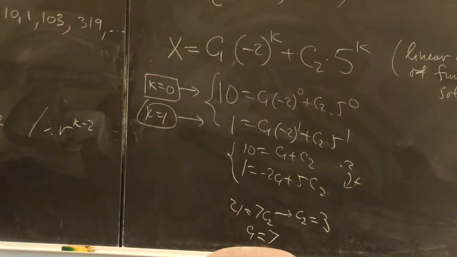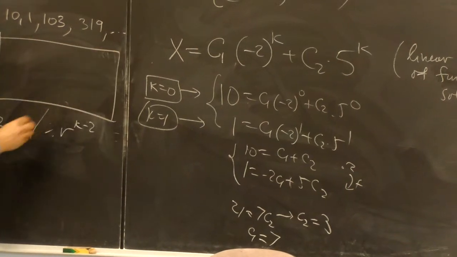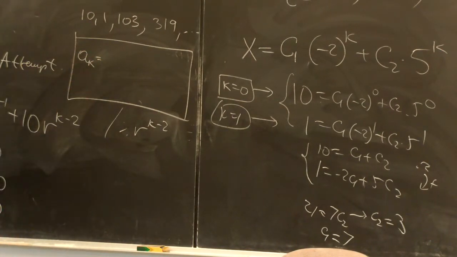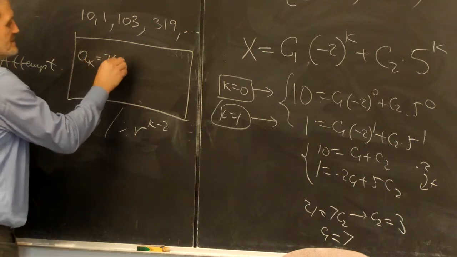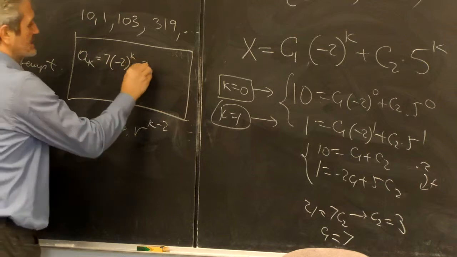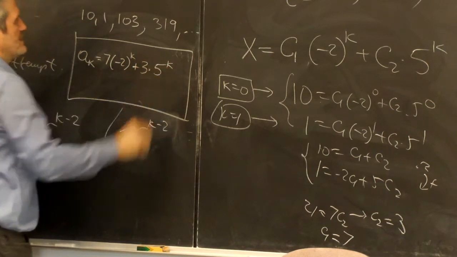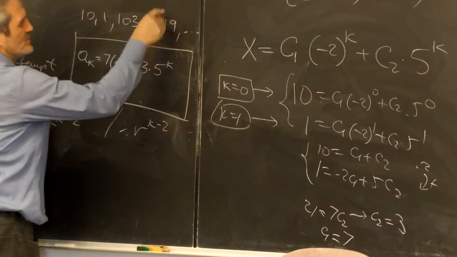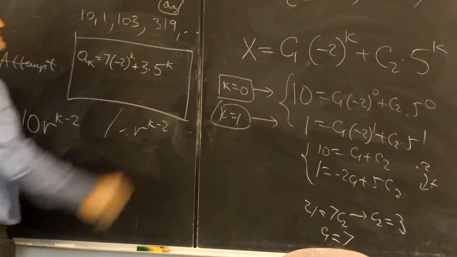Here it is. This sequence has the form, let me write it here, the solution of the IVP. It says a_k equals, what would it be? C1, which is 7, times negative 2 to the k, plus 3 times 5 to the k. So let me check it, for example, this is A0, A1, A2, A3. Let's see if we got A3 correctly.